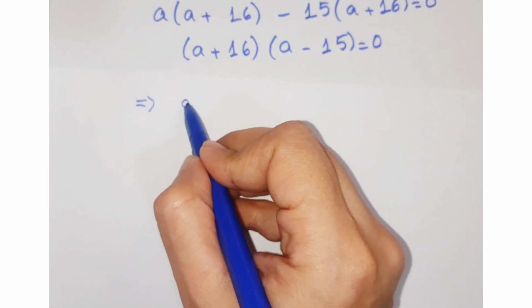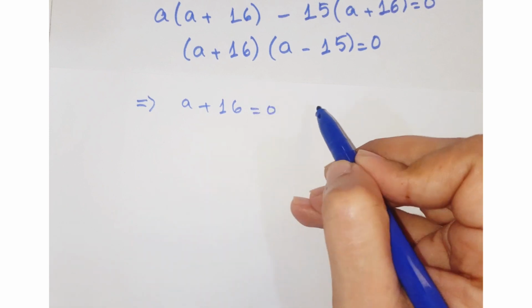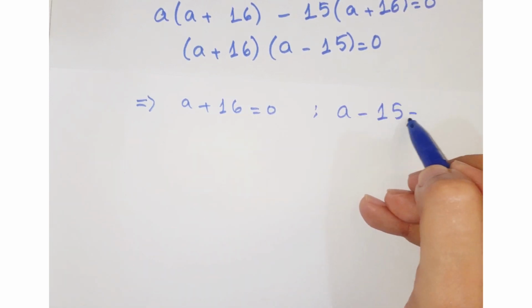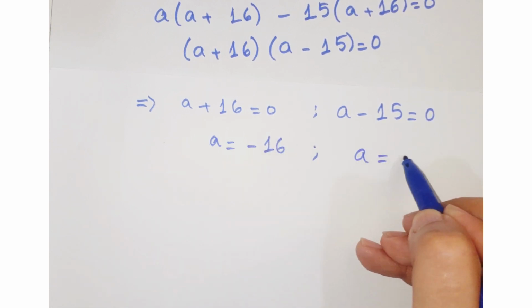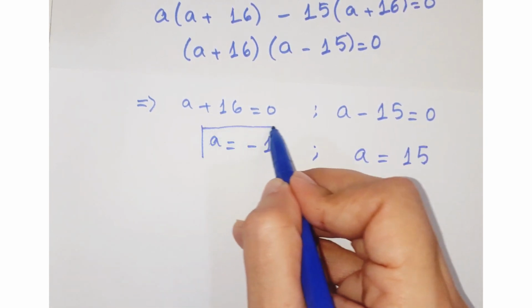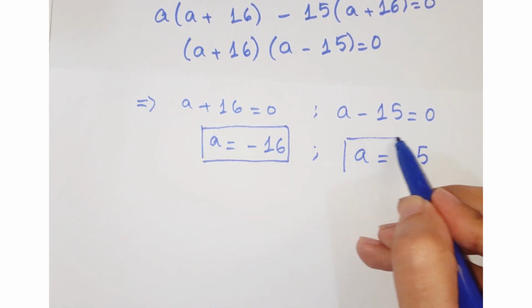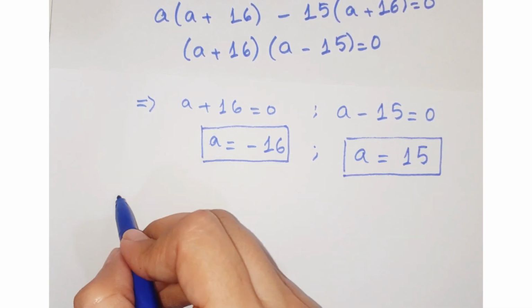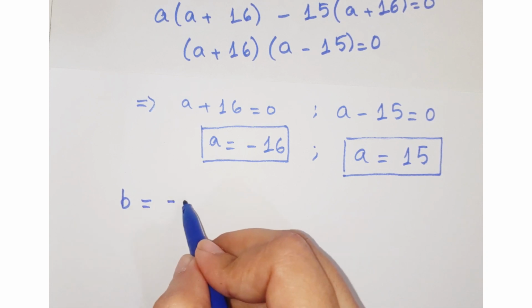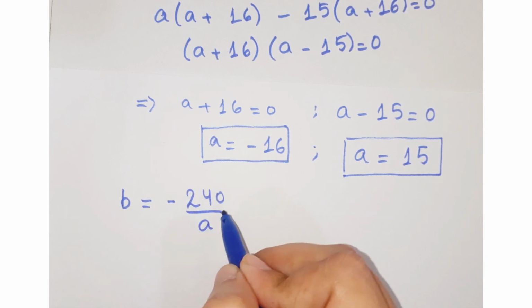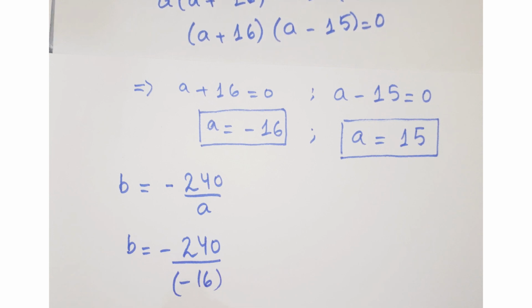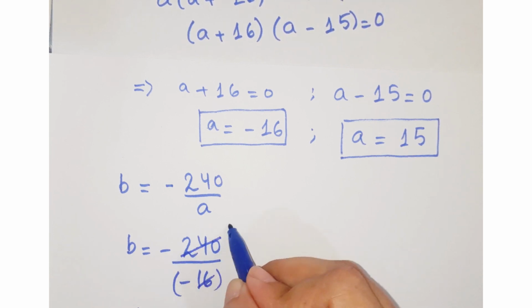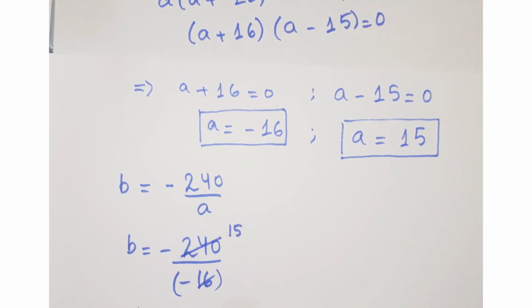Now this implies that a plus 16 is equal to 0 and a minus 15 is equal to 0. Further, you have a is equal to minus 16 or a is equal to 15. So these are the two values of a. For these two values of a, we are going to calculate b. Since b has a value equal to minus 240 upon a, so b is equal to minus 240 upon minus 16. So we get b is equal to 15.